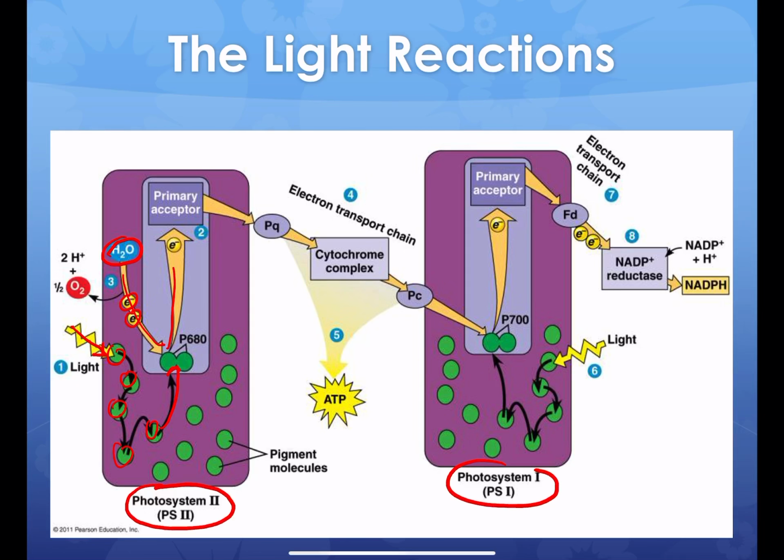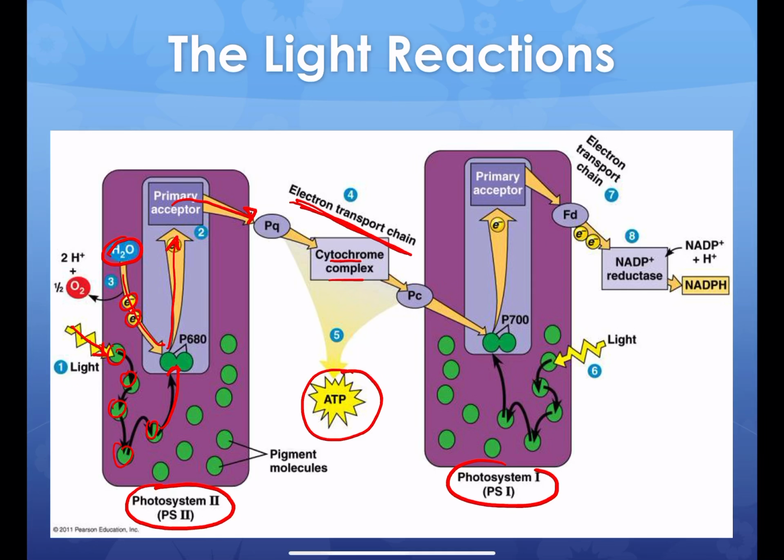Both of them are getting electrons that are being passed to the primary electron acceptor. Those primary electron acceptors are going to pass those electrons down the electron transport chain. We have a cytochrome complex very similar to the way that we had in cellular respiration to generate ATP.